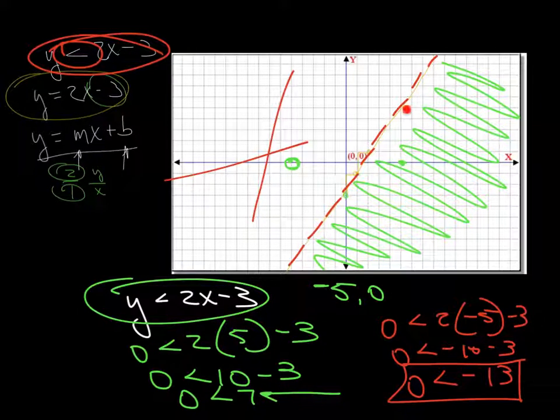We draw it either solid or dotted depending on what we're given up here. Then we pick a point on this side and plug it into the original and see if it's a true statement. If it is, we shade this side. If it isn't, we shade the other side. And that's pretty much it.